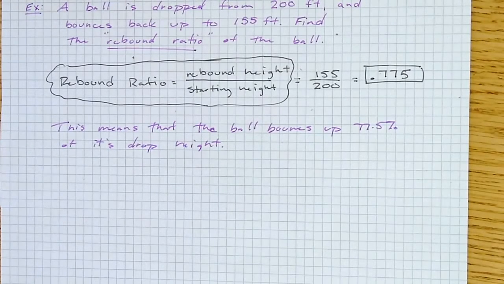So what this really means is that the ball is going to bounce up 77.5% of whatever its drop height was.